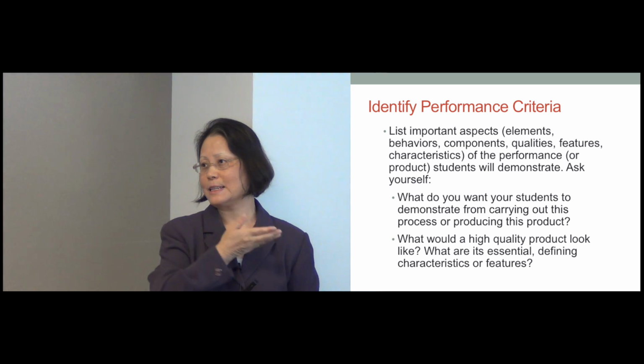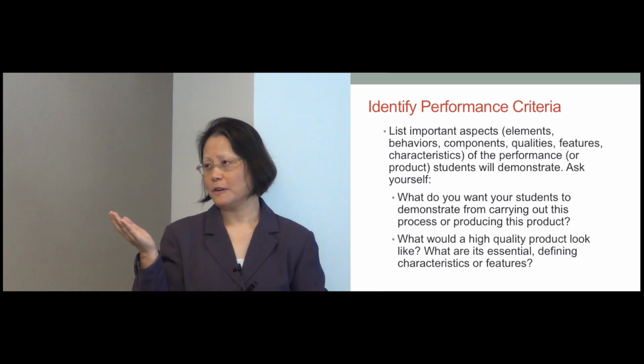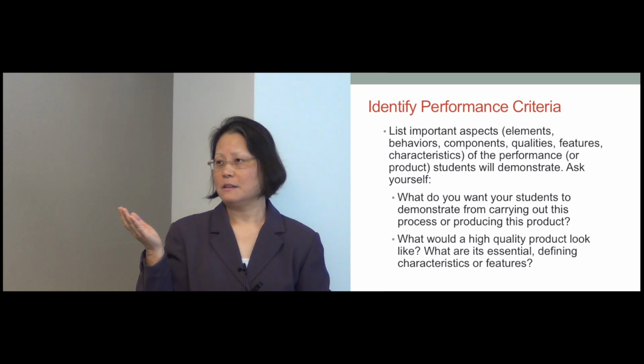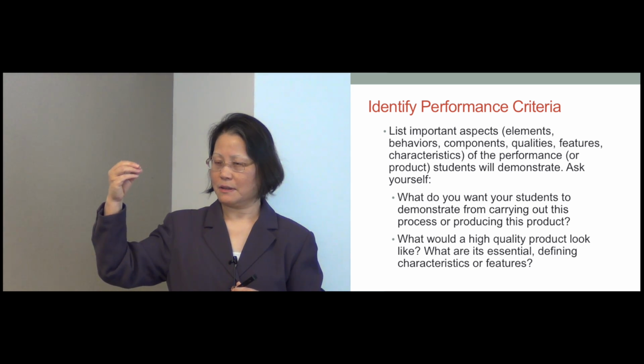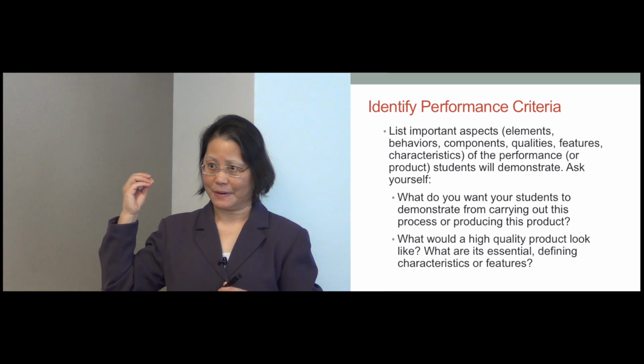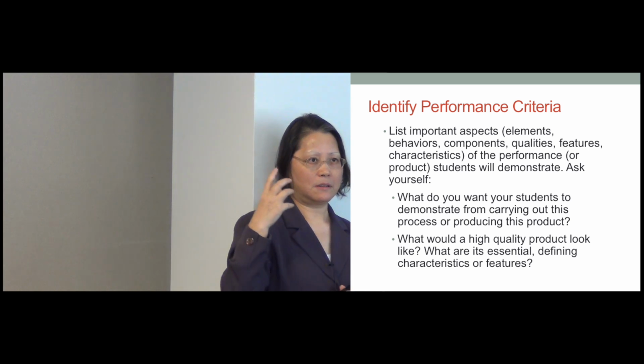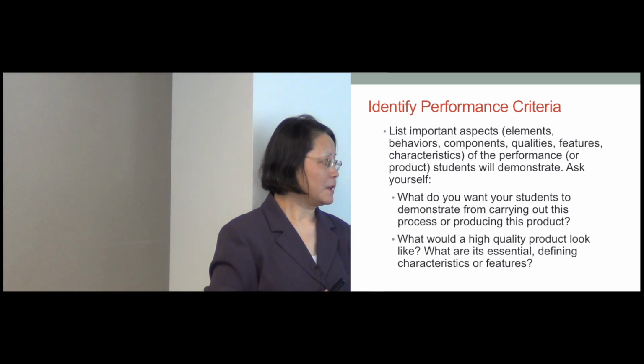For instance, with music performance for tone quality, we think the highest performance should be that the sound is very pleasing, right? So we think about those kinds of questions.